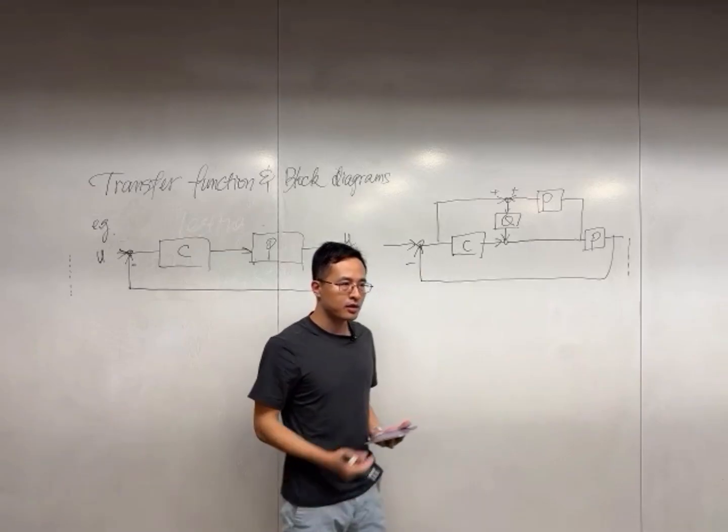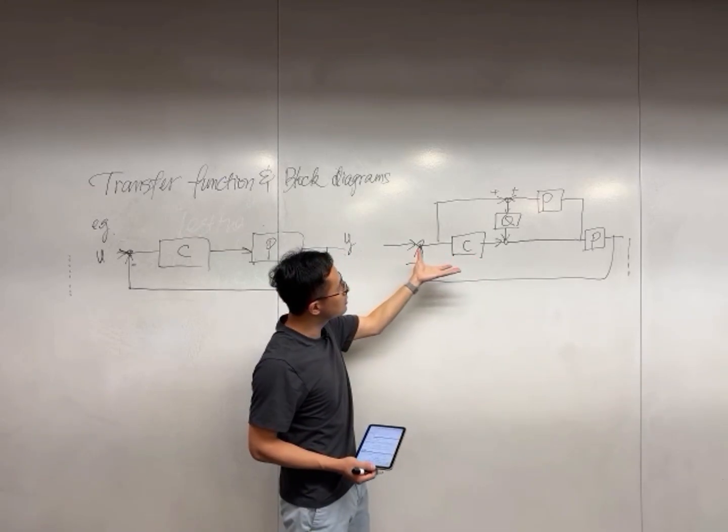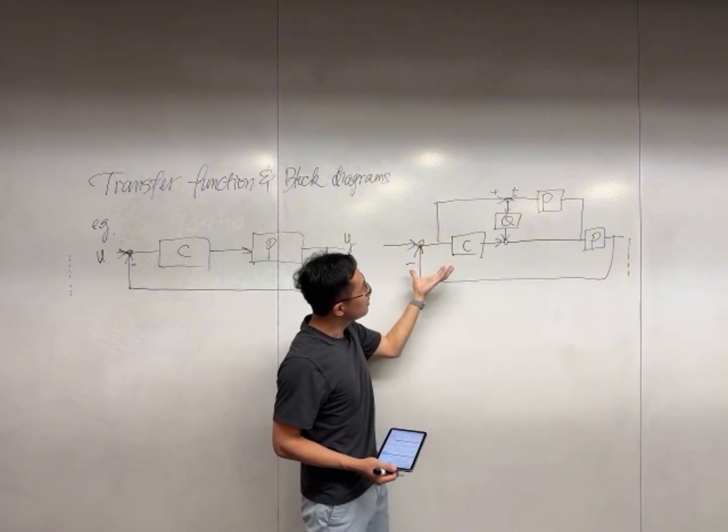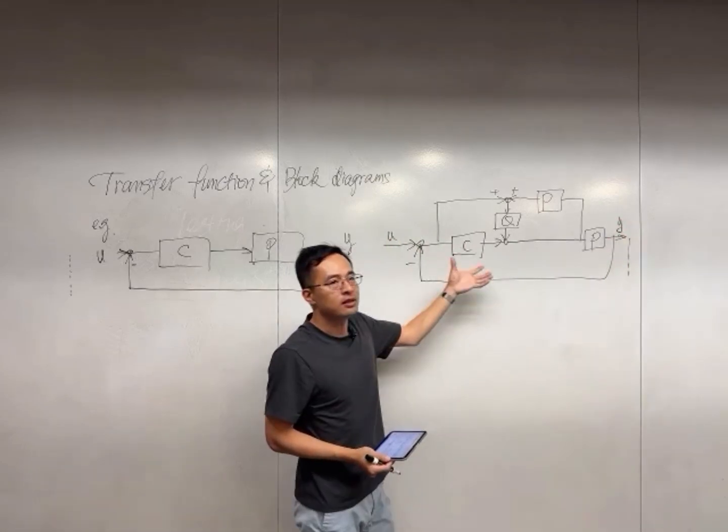So what if in practice you're given this type of block diagram and you want to still easily be able to tell what is the relationship between the input and output? It is not that trivial anymore.